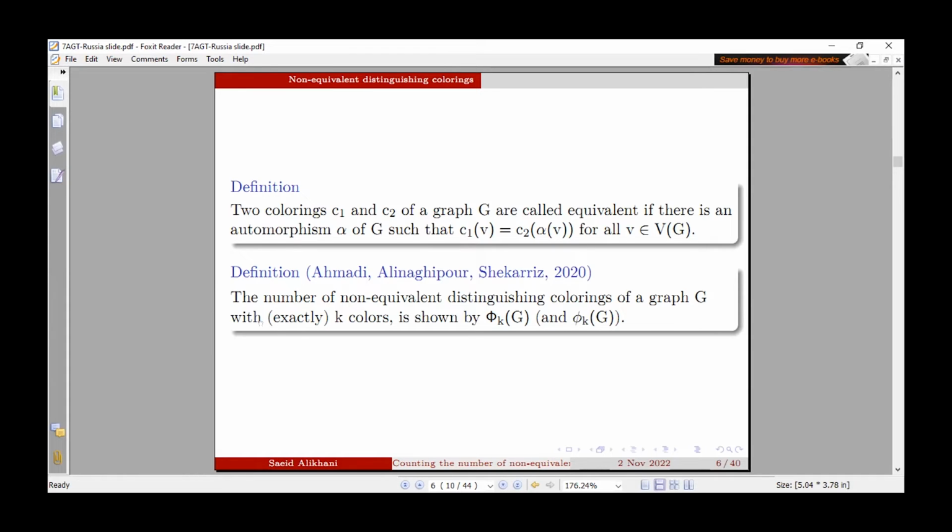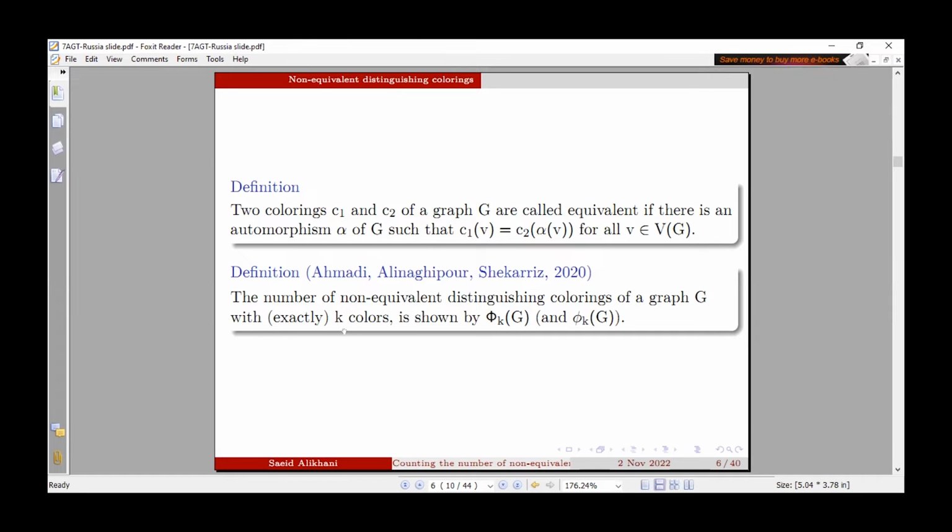Ahmadi, Ali, Nazipur, and Shekari define the number of non-equivalent distinguishing colorings with exactly k colors, denoted by capital phi sub k.